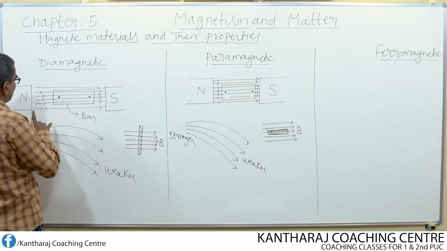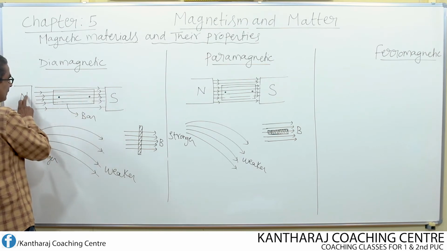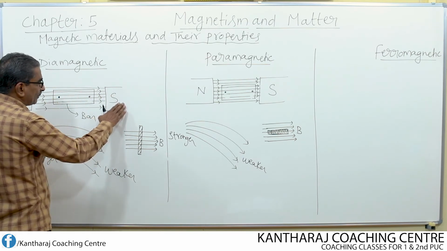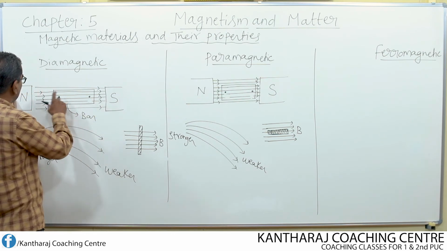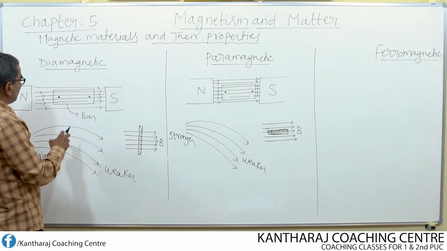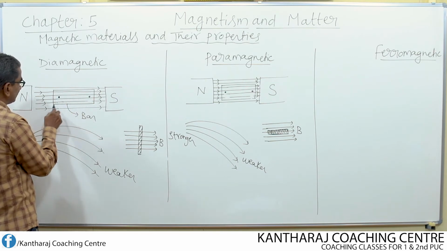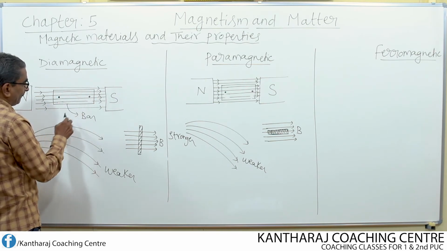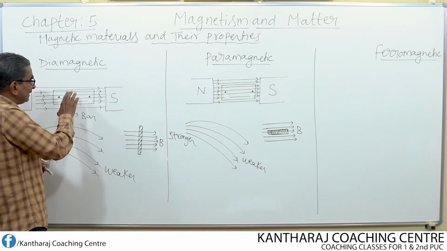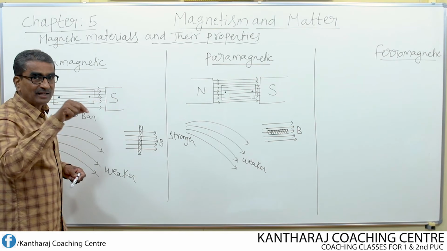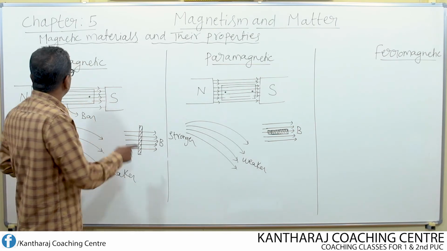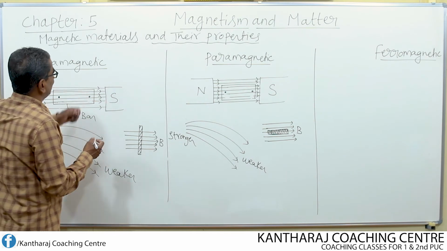If I keep this in a uniform magnetic field produced between two powerful magnetic pole pieces, in between these two pole pieces a uniform magnetic field is there. In that uniform magnetic field, if I keep one magnetic material, and if that magnetic material gets magnetized weakly in the direction opposite to that of the field, then we call that a diamagnetic material.